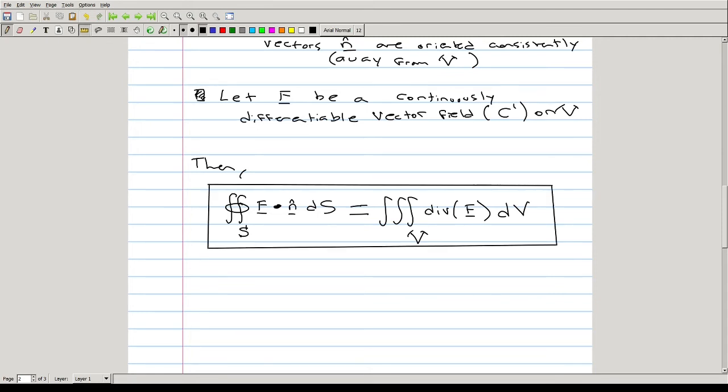Like before with Stokes' theorem, I really can't overstate how important this theorem is, because this is a completely separate generalization from Stokes' theorem, the generalization of Green's theorem in the plane, to now volumes and surfaces in 3D.